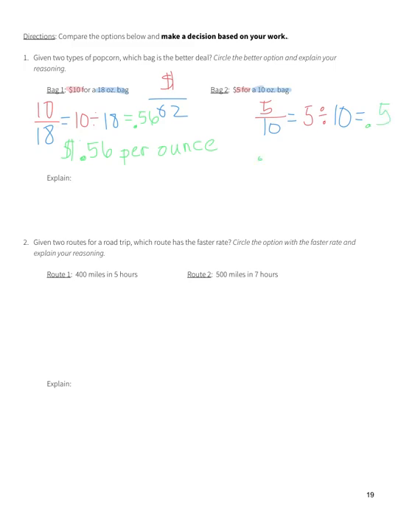We don't write money like that, so we need to put our 0 in because it's 50 cents. So here it is, 50 cents per ounce.